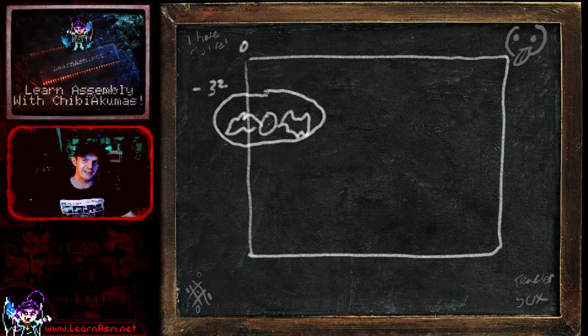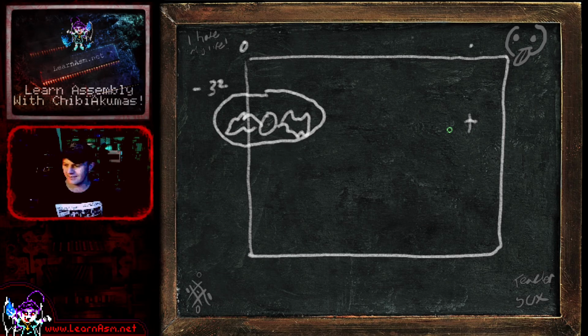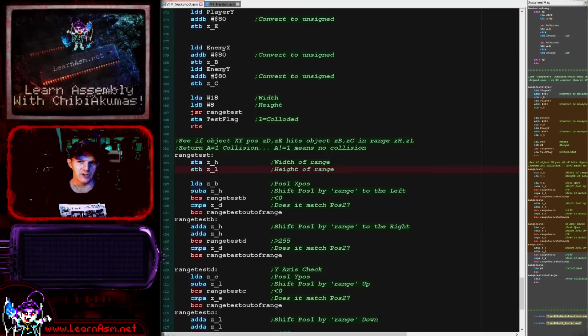So basically, we need to deal with the fact that our collision zone might have gone outside of values, and of course a very low value here will wrap back to a very high value here. And if our player's target was here, well, if we tested this, then it might look like our player had shot the bat when actually it's at the other end of the screen. So that is something we're going to be testing for, and you're going to see that in the code here. Okay, so that's what we're dealing with.